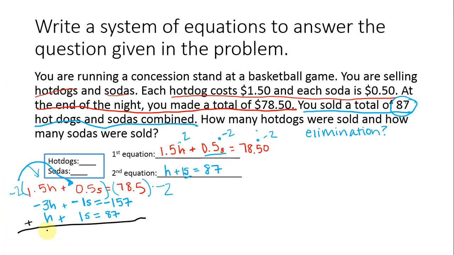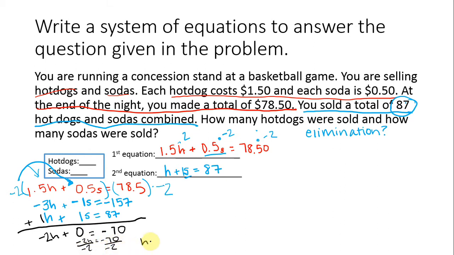So over here, I'm going to get negative 2H, plus my S's will cancel at 0, and then negative 157 plus 87 is going to give me negative 70. So negative 2H equals negative 70. I'll divide both sides by negative 2.